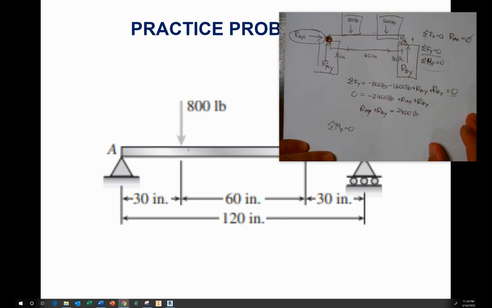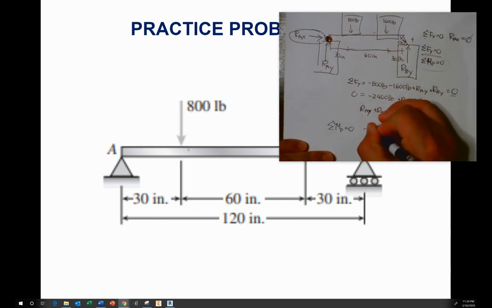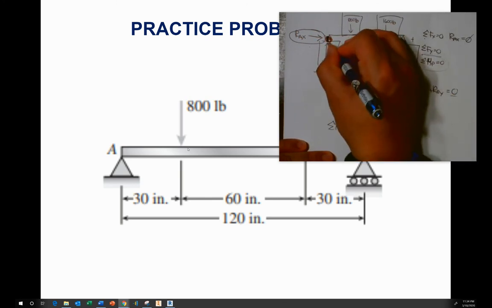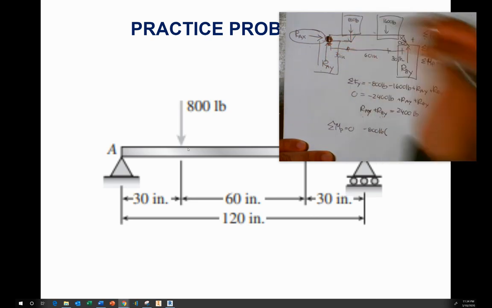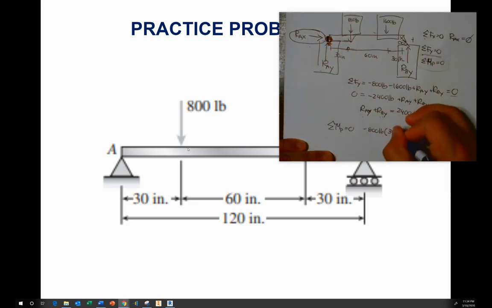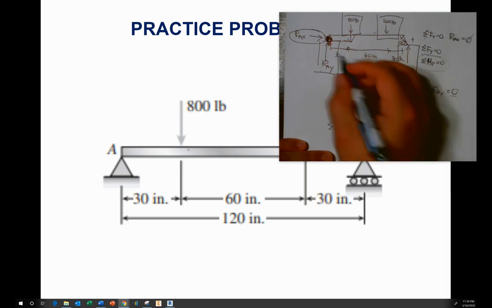So that means that I have negative 800 pounds times the distance from this point to this point. Because again, it's a perpendicular distance, and that's 30 inches. Such odd units.